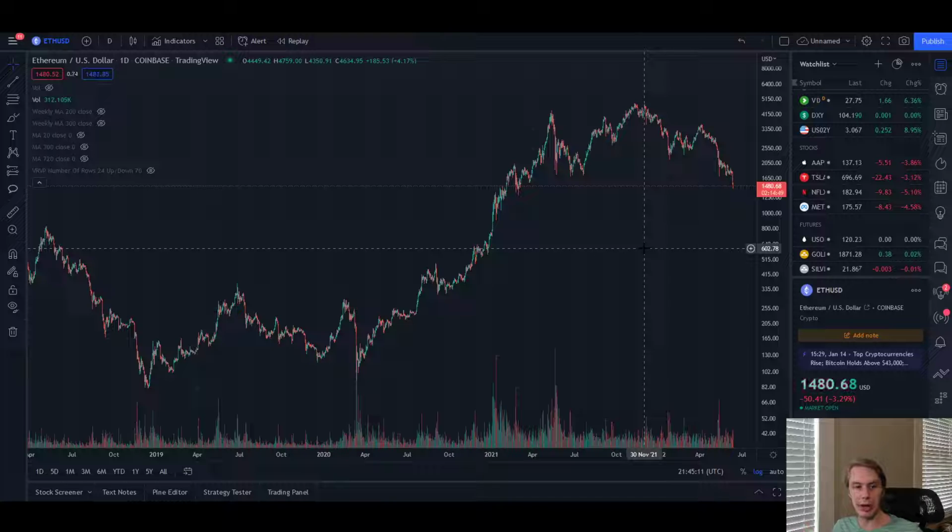We might be able to find more or less of a bottoming point where we're just chopped sideways. Maybe we don't have to see as extreme and sharp pain as we've been experiencing. But until those broader factors change, I don't see a whole lot of reason to change our outlook just yet with crypto or to expect some kind of decoupling that will lift us out of it. So that's just my perspective. Obviously, you should form your own opinion on this data, but that's what I'm looking at for ETH right now.